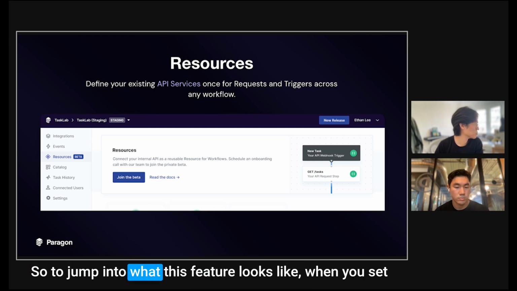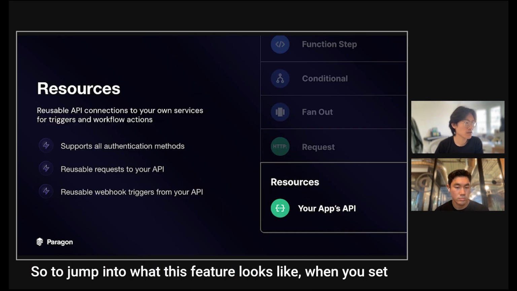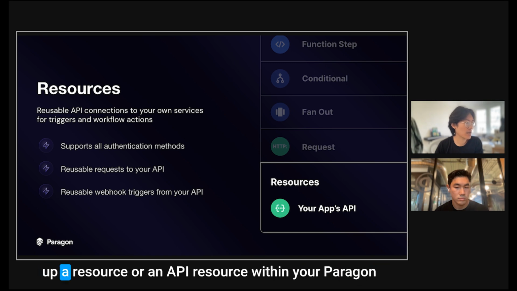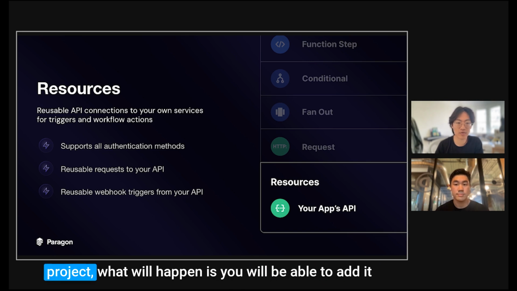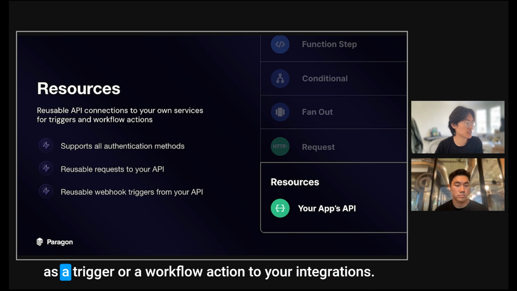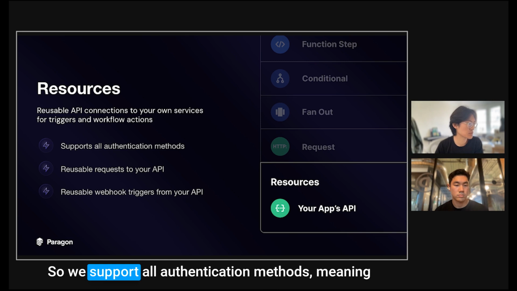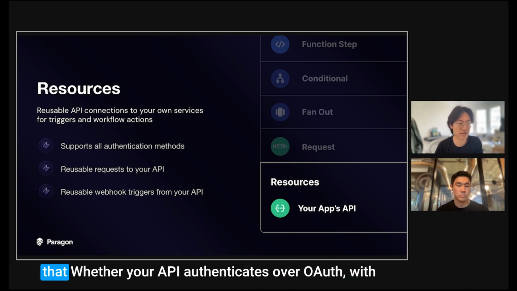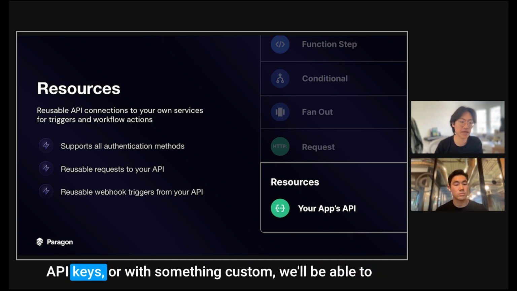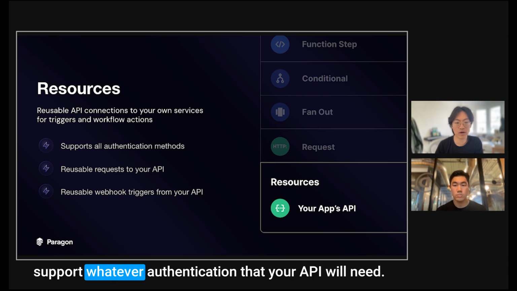So to jump into what this feature looks like, when you set up a resource or an API resource within your Paragon project, you will be able to add it as a trigger or a workflow action to your integrations. So we support all authentication methods, meaning that whether your API authenticates over OAuth, with API keys, or with something custom, we'll be able to support whatever authentication that your API will need.